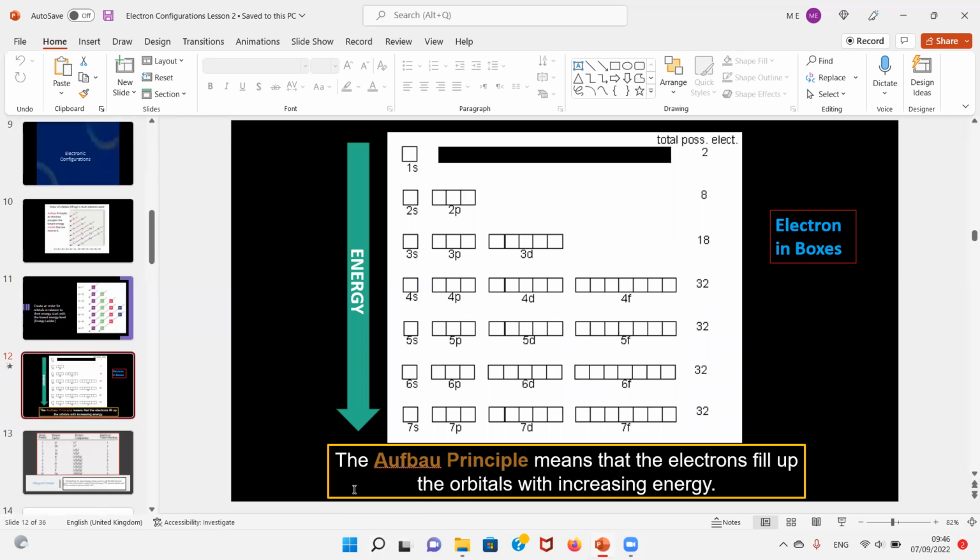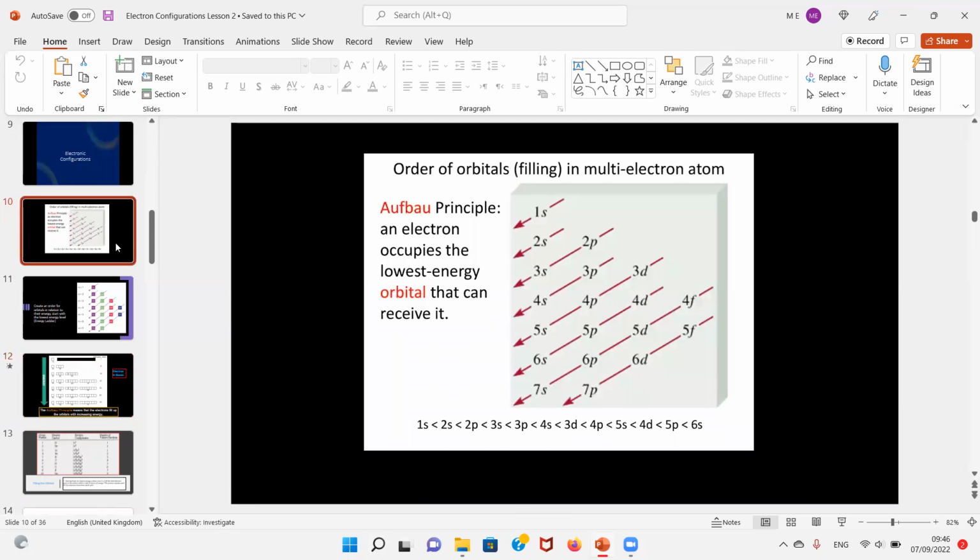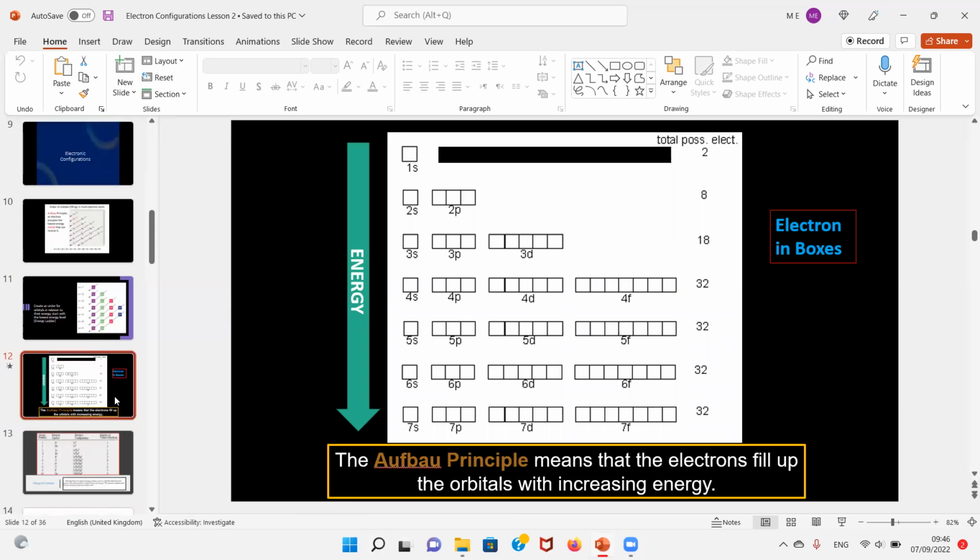Okay, so again, the Aufbau principle means that electrons fill up the orbitals with increasing energy. So this diagram here is exactly as this diagram. Okay, so this and this are exactly the same. So what's the difference between them?